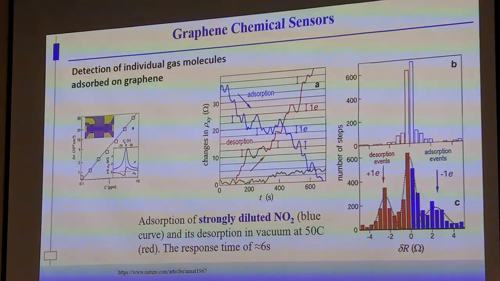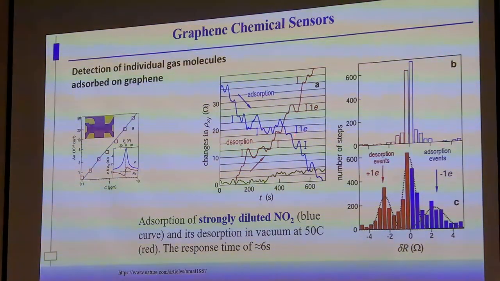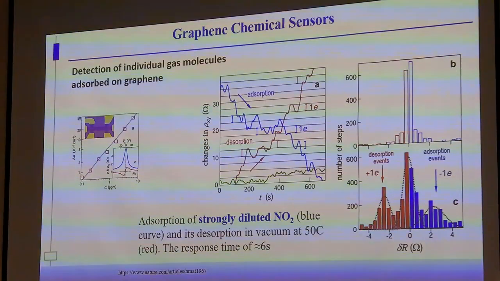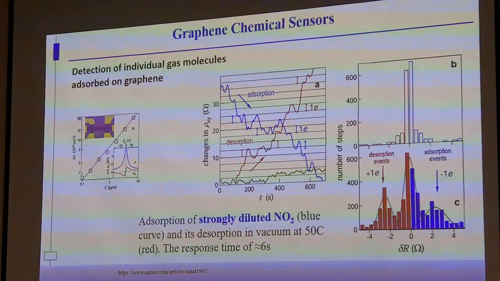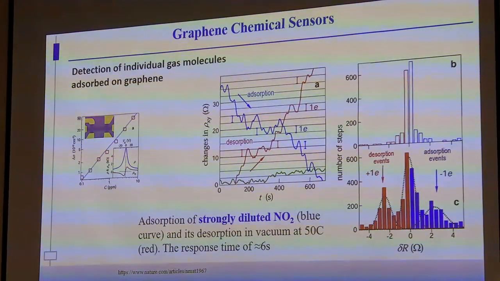You can see in the red graph, this is desorption, this is adsorption. In these steps, every time there is one electron change. That's why the article was published in Nature, the first article about graphene's ability for sensing applications. Again, a very complicated setup: they used a 1 T magnetic field for this device.